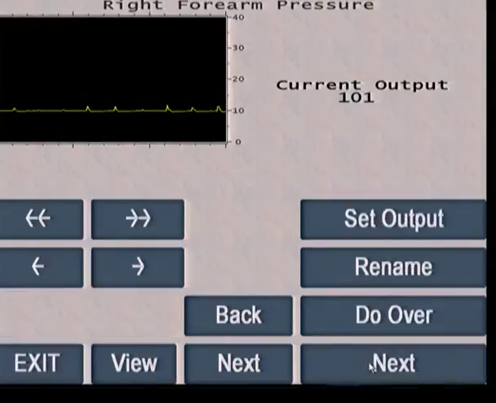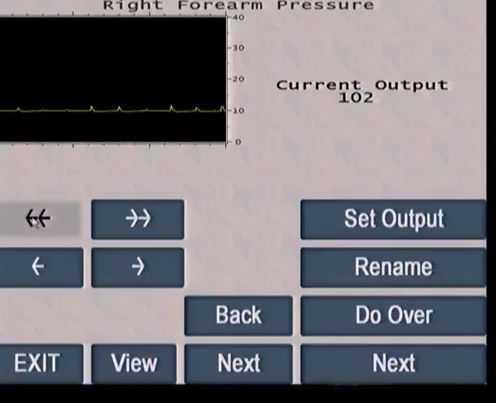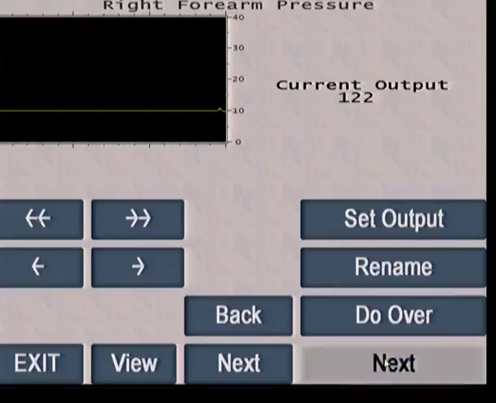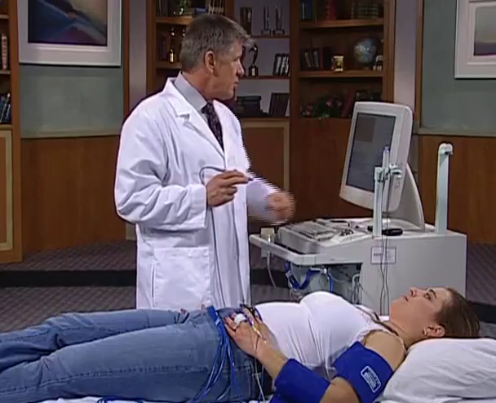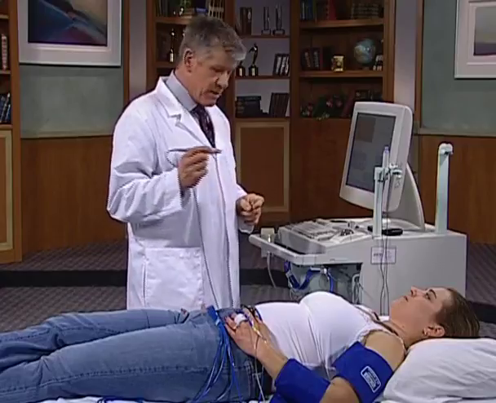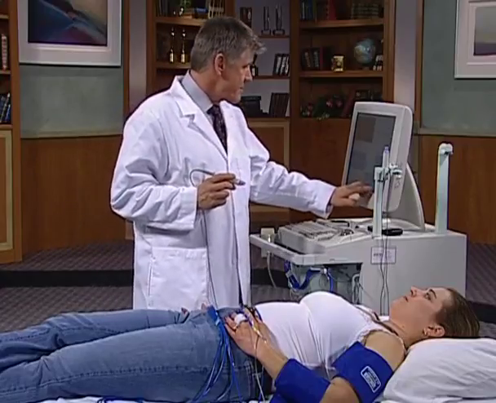So these are the pulses coming back in. We'll head back to that first one that came in. I like to let 2 or 3 pulses come in so that we know it's not just a motion artifact, that we can actually see a set number of pulses. We'll save this. The pressure here is 122. And we'll skip the wrist pressure for the sake of this demonstration and go on to additional testing.